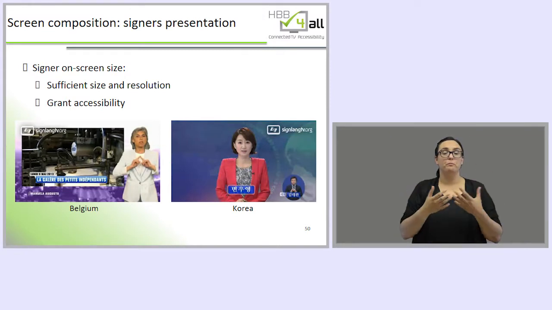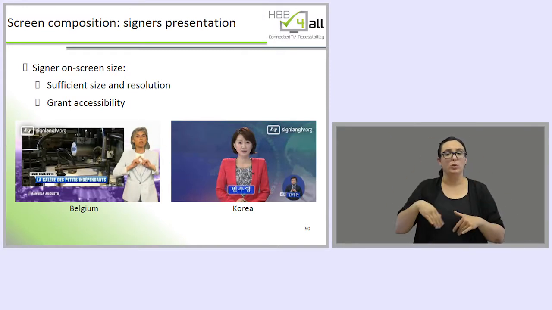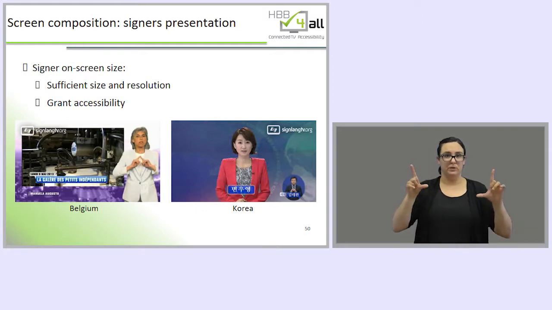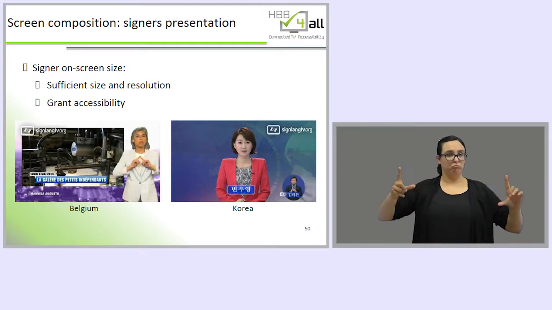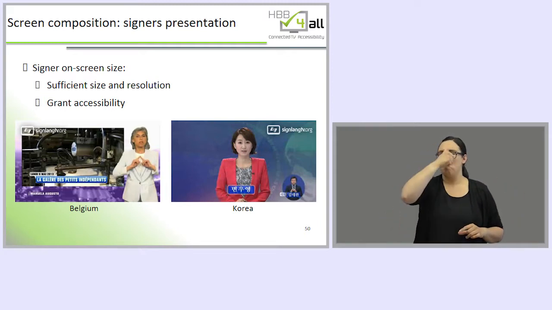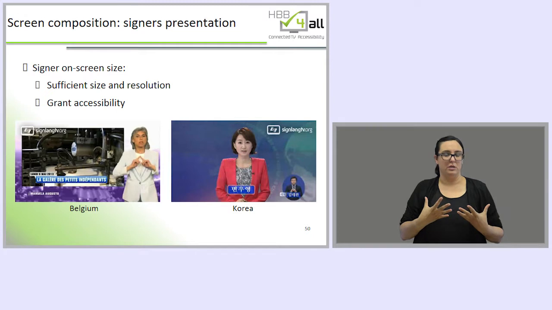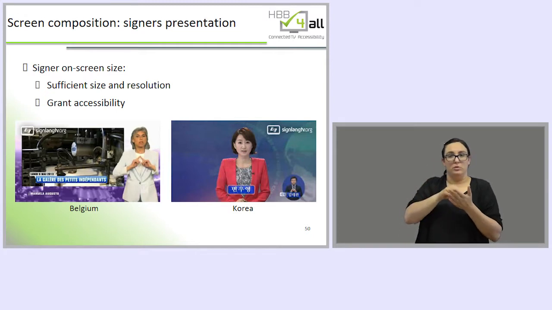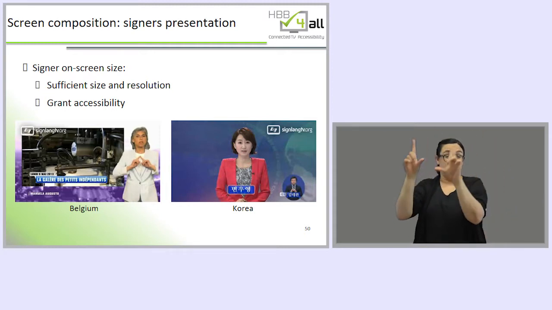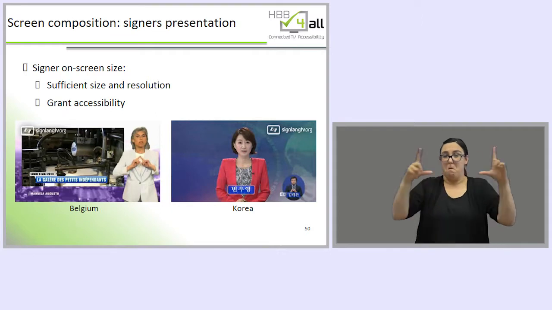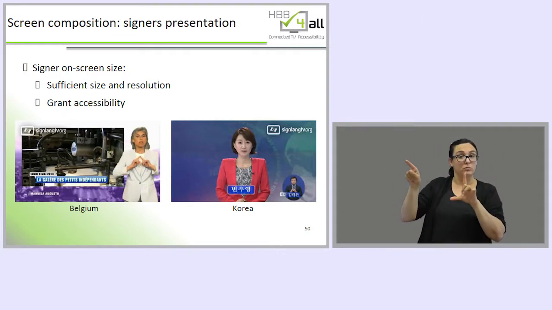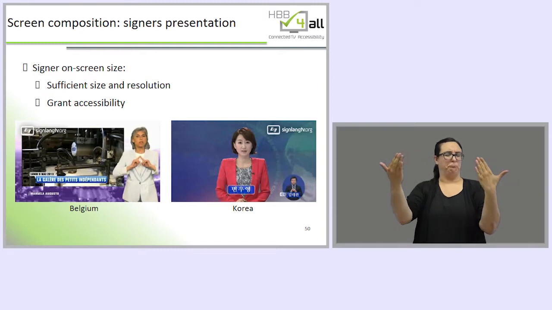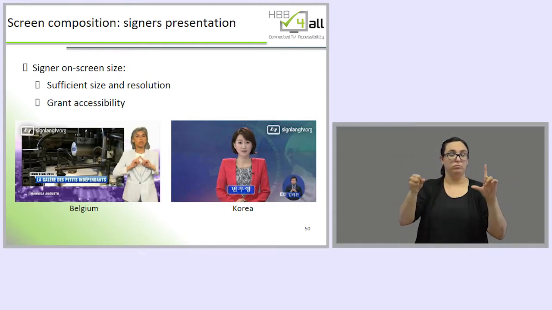Okay, the last characteristic to have in mind when we talk about screen composition is the designer's presentation. What is of utmost importance is that the resolution and the size are sufficient to grant accessibility. And as you can see, the size of the interpreter on screen varies greatly from broadcaster to broadcaster. In the slide, we have included two very different formats to insert the interpreter on screen.